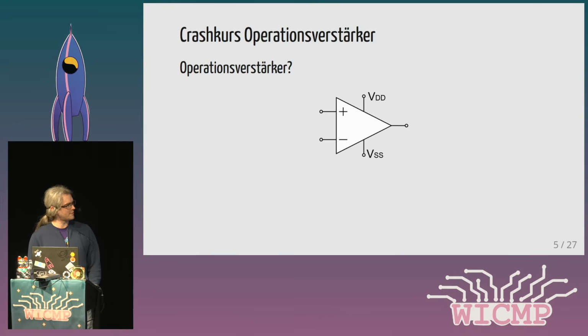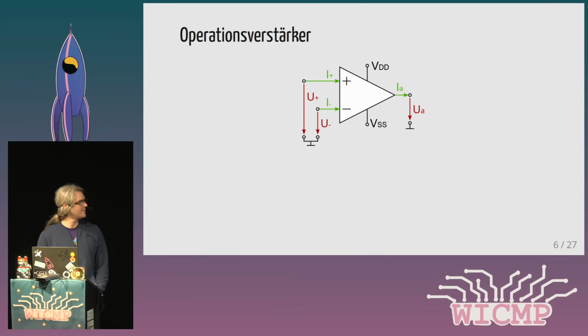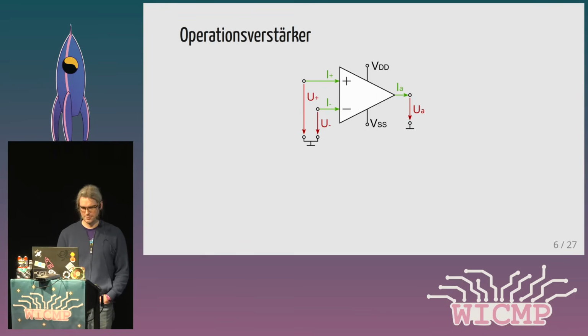It has energy supply, plus and minus, VDD and VSS, and it has one output. So there are different voltages and currents. The input voltages are U plus and U minus, and the input currents I plus and I minus, and we have the outputs, output current and voltage IA and UA.